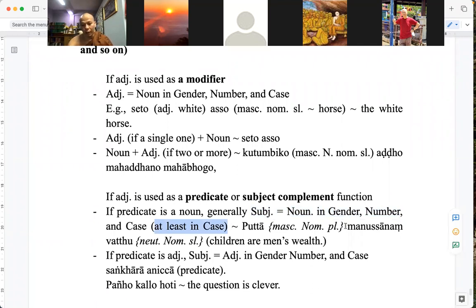Like Buddha Manosana Watu. Buddha is also a noun but the subject, but Watu is also a noun but the predicate. Buddha is masculine, nominative case plural, but Watu is neuter, nominative case singular. In this way they can be different.